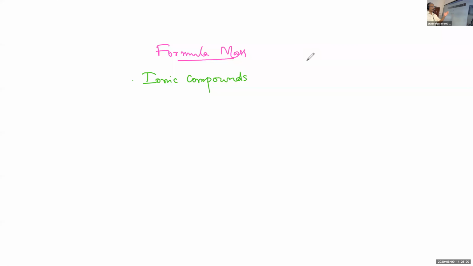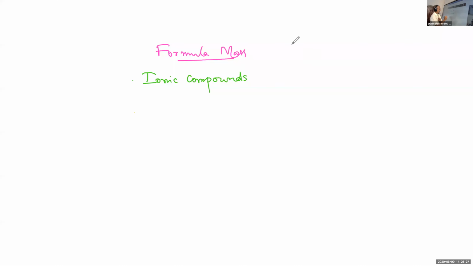And how will you get the formula mass? To get the formula mass, what you have to do? You simply add the atomic masses in the formula. The formula of the compound will be given to you. And as before, as in the case of molecular mass, you simply add up the atomic masses.